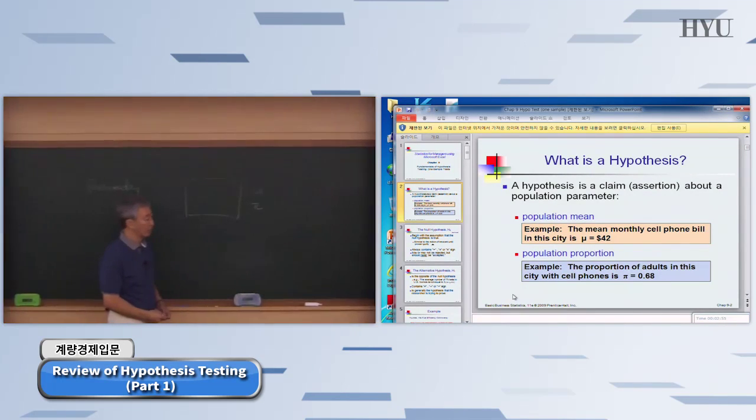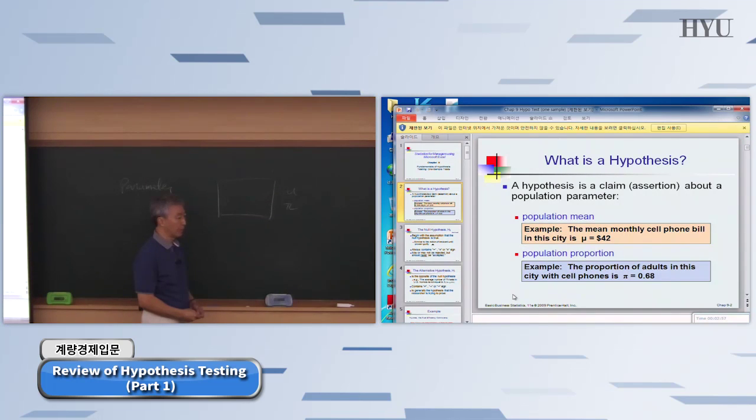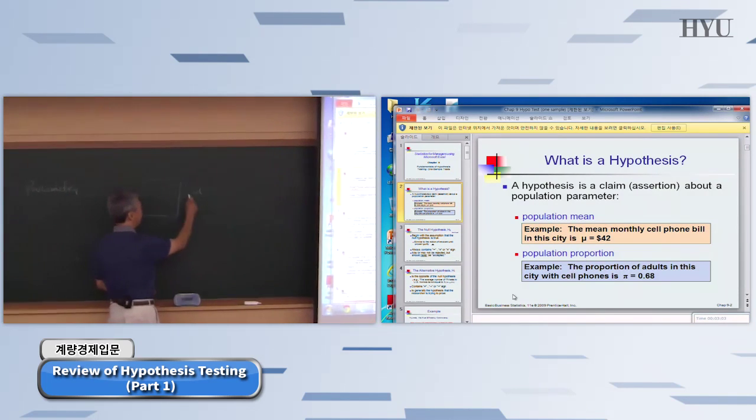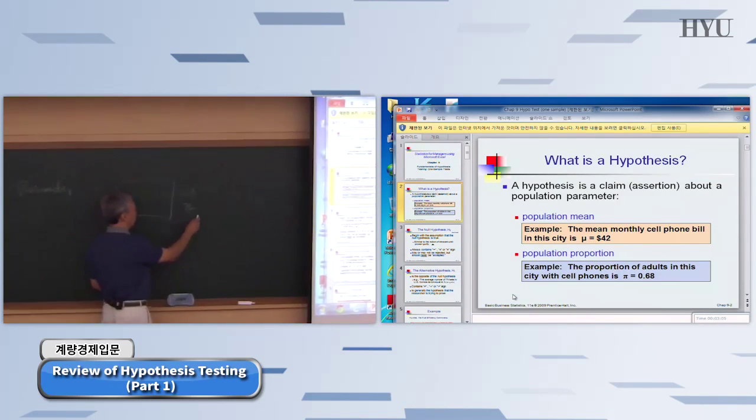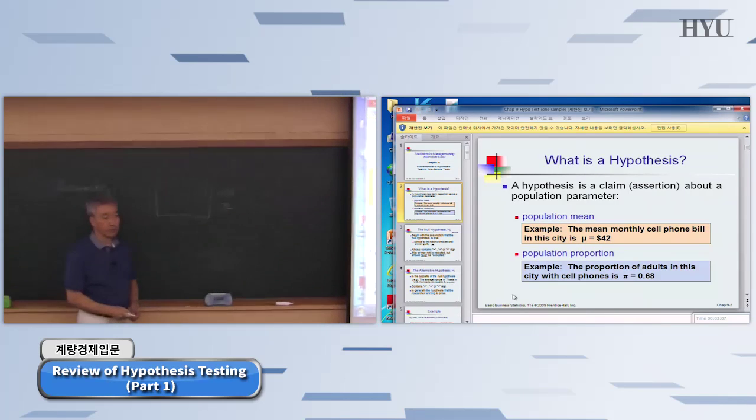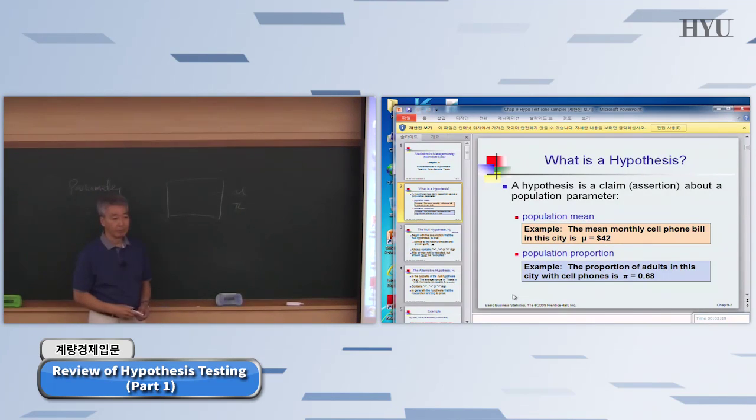Those are typical population parameters that we are interested in. Say, what's the mean height of the students? Or what percentage of students are pro-choice? I guess you're not familiar with that term.